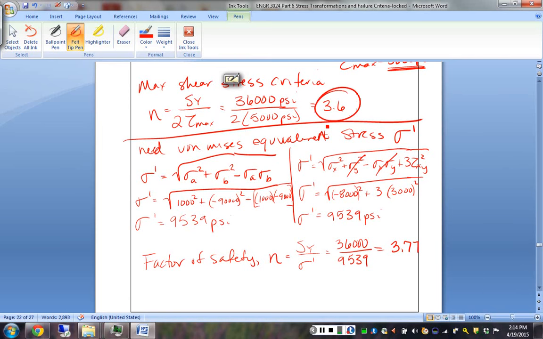So fairly close, 3.6 for the shear stress criteria, 3.77 for the distortion energy, otherwise known as von Mises.